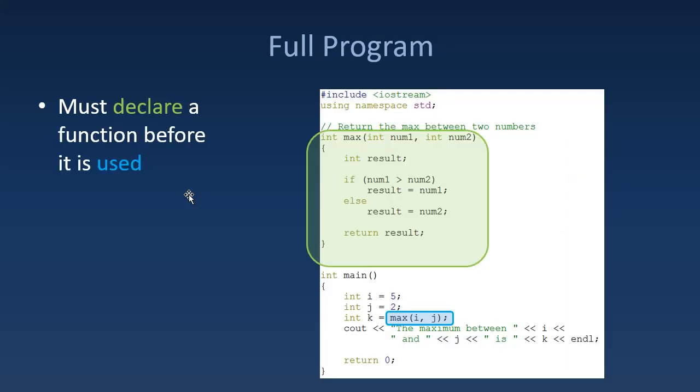Now, for that to work, that calling of the function, max, needs to come after we've already declared and defined the function. So in this code, before we get to the main function, we have the max function written. That function ends and is finished off. And at that point, it's now available for use.